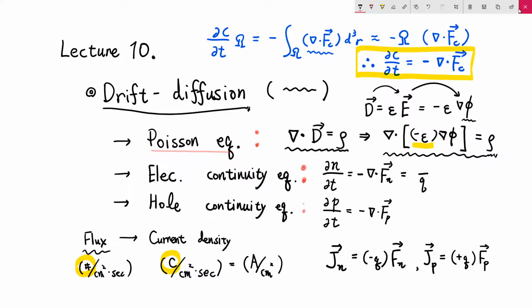So in this case, we will have 1 over q times Jn. That will be the form we will consider.